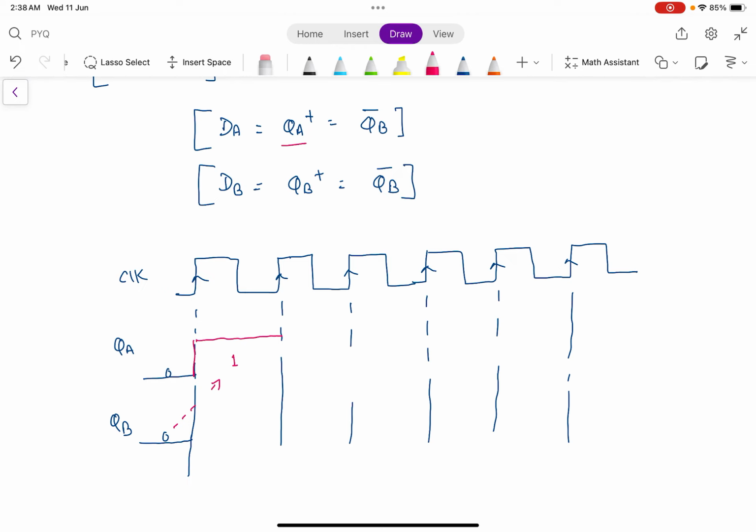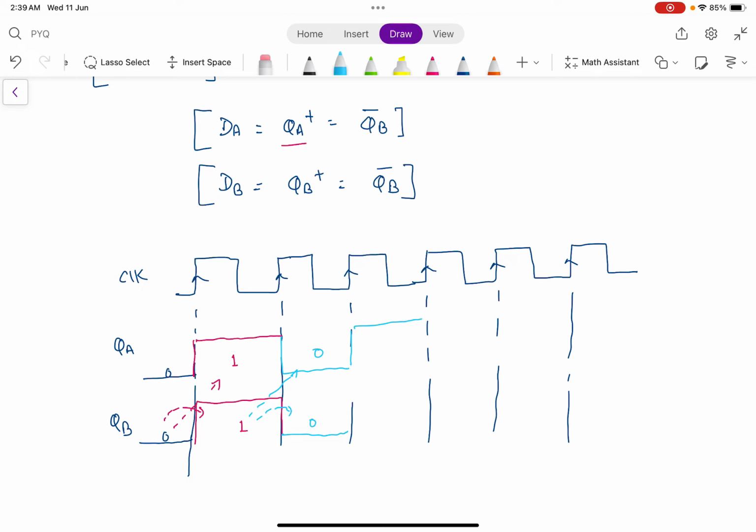And the QB next state is the complement of QB itself, so write it as 1. Again complement, which is 0, and this also becomes 0, the complement of this 0.